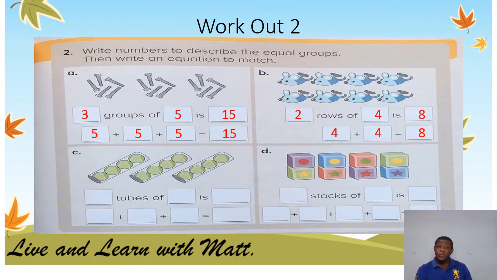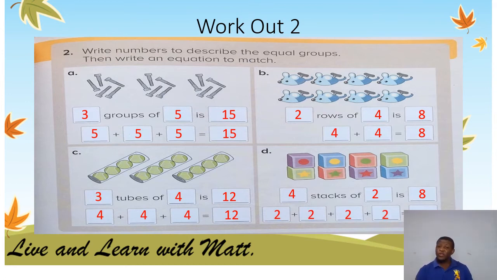You've got how many tubes of balls? 3 tubes of 4 balls equals 12. So we have 4 plus 4 plus 4 is 12. Now part D. You've got 4 stacks of 2, which is 8. 4 stacks of 2 is 8.